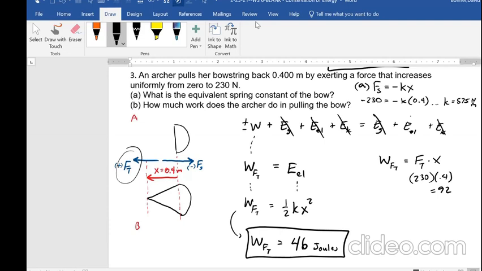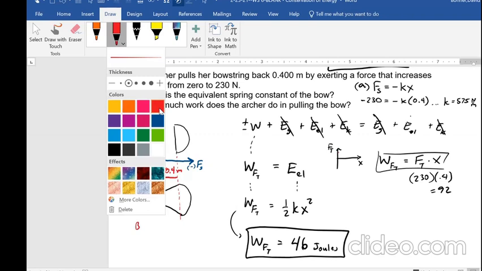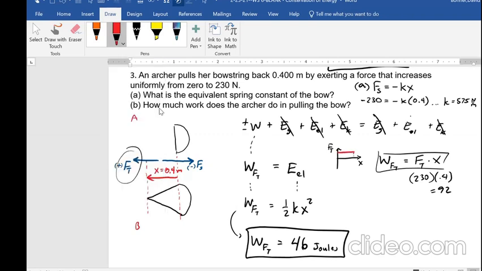So this equation that we have here comes from base times height. So if we had a force tension versus x and it were constant, then it would be a flat line, right? And then our area would be base times height. In our problem here, it's not a constant of 230 the entire x, right?